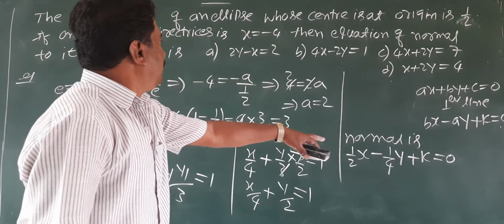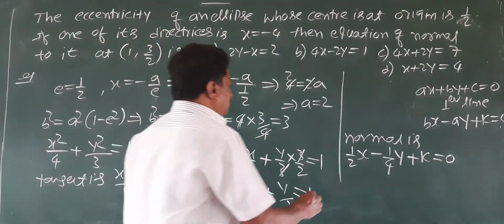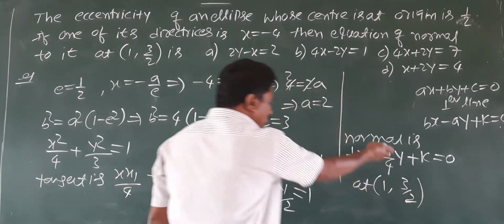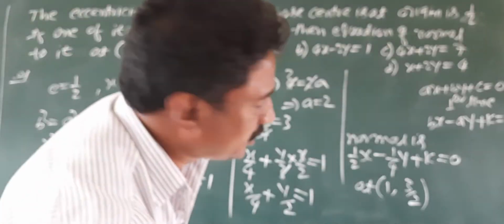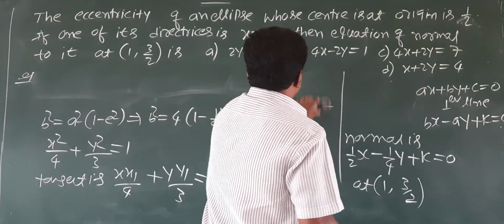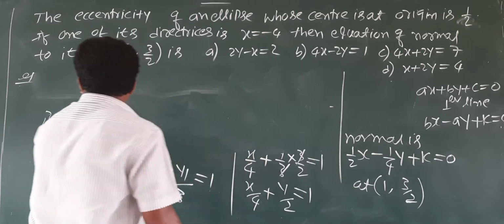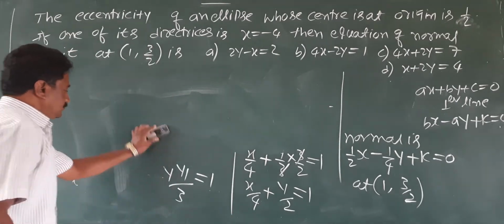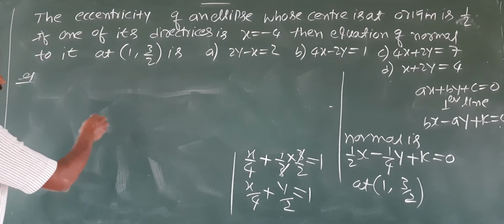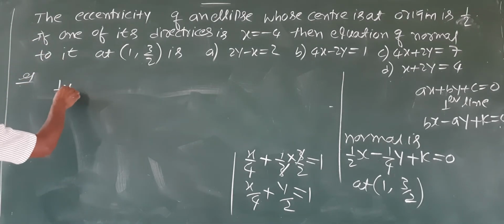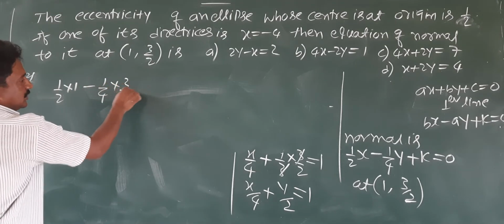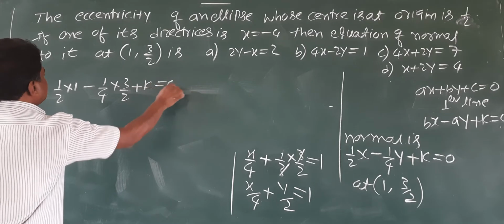To find out k value, you use the given point, 1 comma 3 by 2. Substitute in that. So 1 by 2 into x is 1, minus 1 by 4 into y is 3 by 2, plus k equals 0.